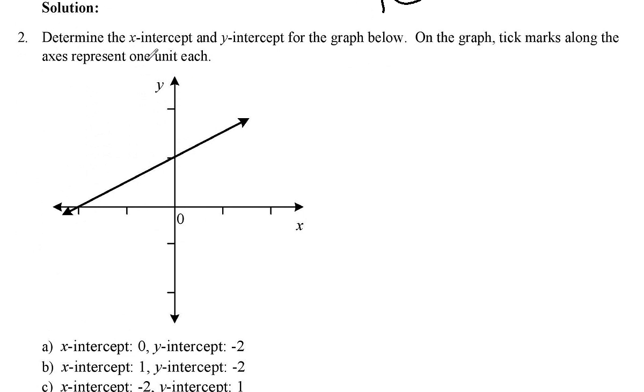We want to determine the x-intercept and then the y-intercept for the graph below. Our tick marks represent 1 unit. The x-intercept is where it hits the x-axis, which is at x = -2. The y-intercept is where it hits the y-axis, at y = 1.